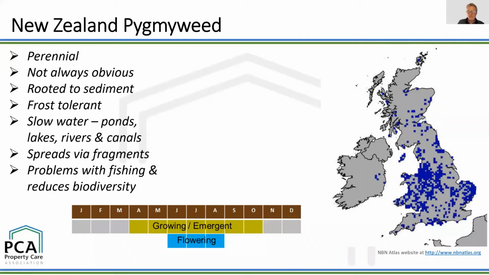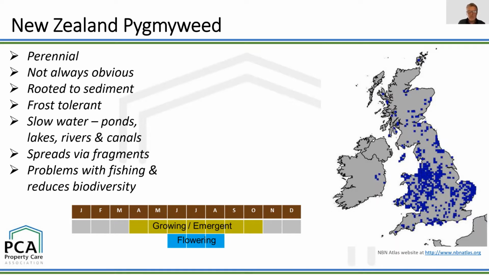So, what about New Zealand pygmyweed? Well, it's a perennial plant. It's not always obvious when it's buried beneath the water surface. It roots within the sediment or within the soils surrounding the water's edge.